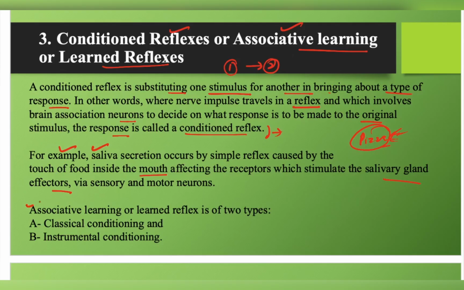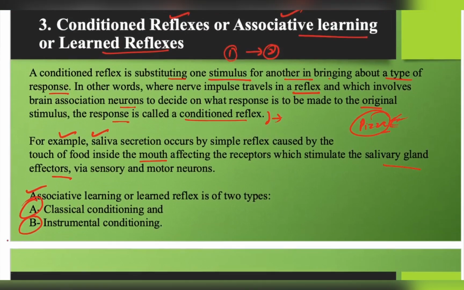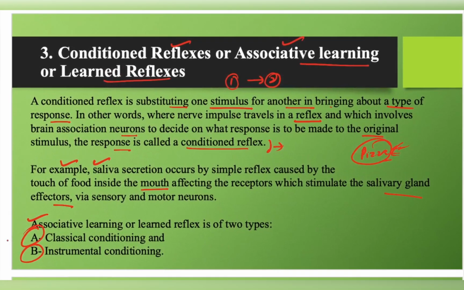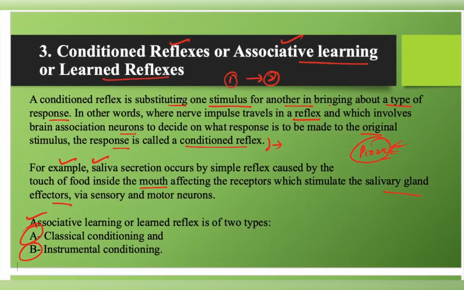But associative learning or conditioned reflex is of two types. One is classical conditioning, and the other is instrumental conditioning. What is the difference between these two? I can give you two examples for these.